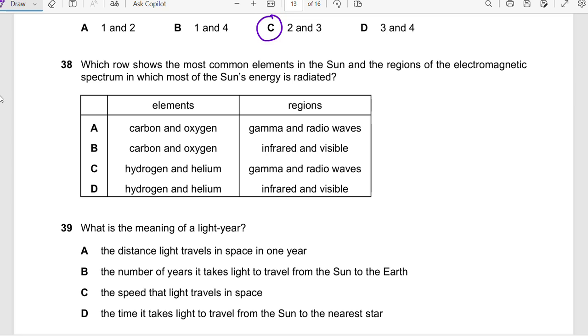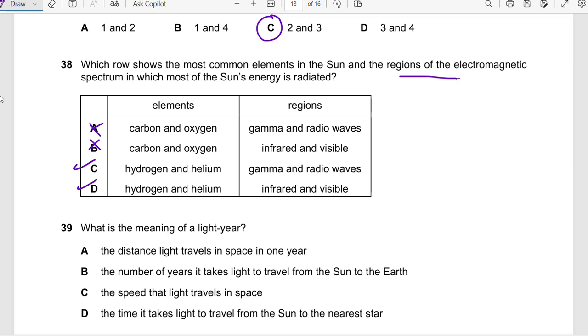Question 38 says, which row shows the most common elements in the sun and the regions of the electromagnetic spectrum in which most of the sun's energy is radiated? We all know that most elements in the sun are actually hydrogen and helium, right? So A and B are wrong. This I should memorize.